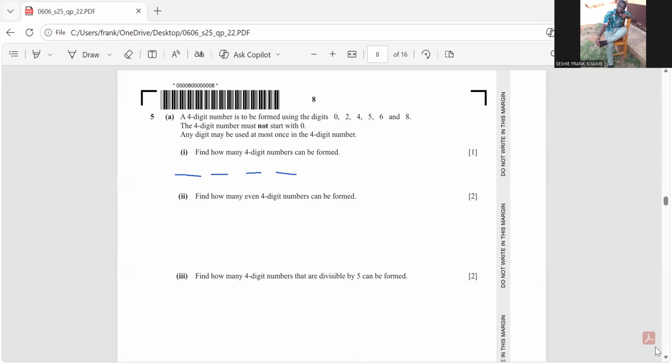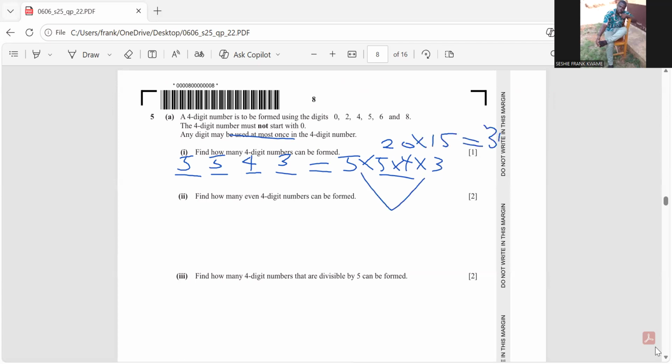If it must not start with 0, it means 5 numbers can be here. Then how many numbers are left? I select one out of the remaining, that can be 5 numbers. By choosing one, there should be 5 numbers to choose from for the second position because we are to use digits at most once. 4 numbers will be left for this, 3 will be left for this. So now I'm going to find it as 5 times 5 times 4 times 3. 5 times 4 is 20, 5 times 3 is 15. 20 times 15 is 300.